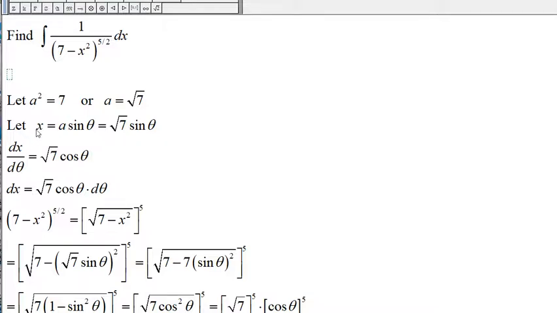The derivative of x with respect to theta is the derivative of sine of theta, which is cosine of theta. So we have dx is equal to the square root of 7 times cosine of theta d theta.